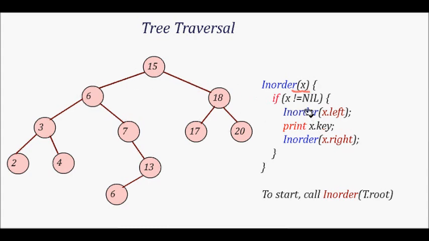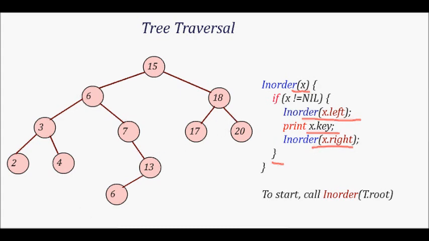But if x, the node we are traversing, is not null, first we traverse in-order x.left, so we go to its left node. Then we print the key of the node, and then we traverse the right node. It is as simple as this.